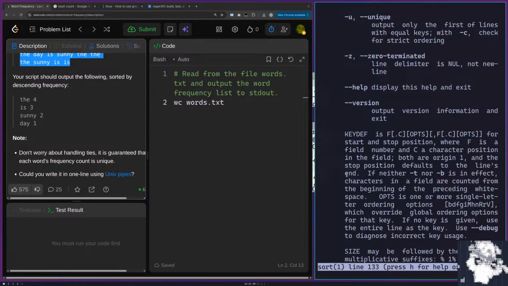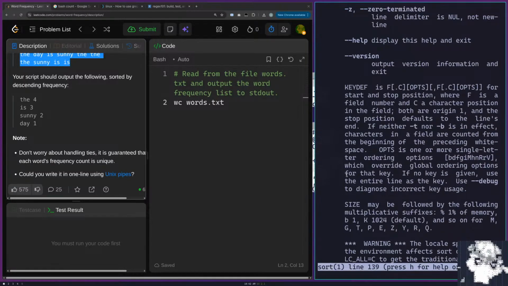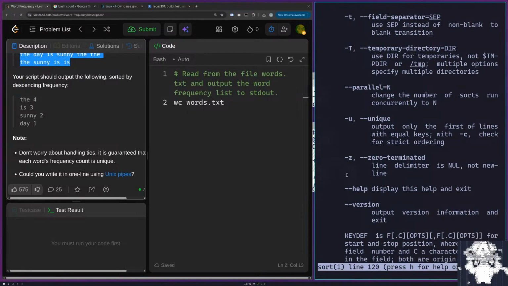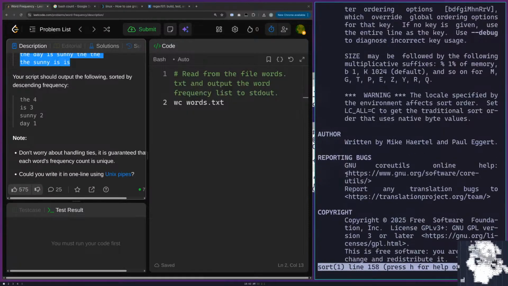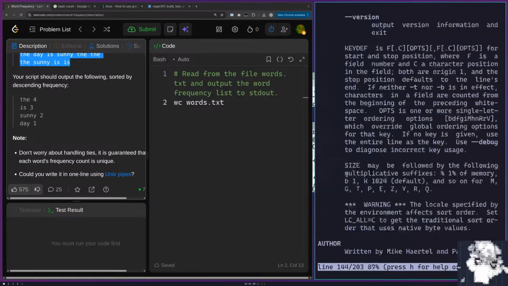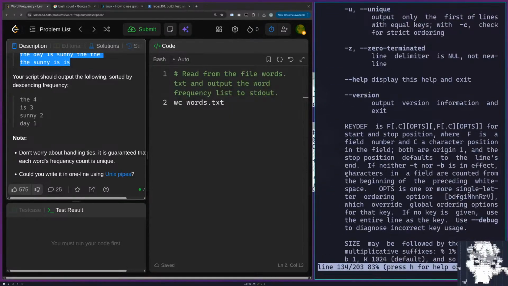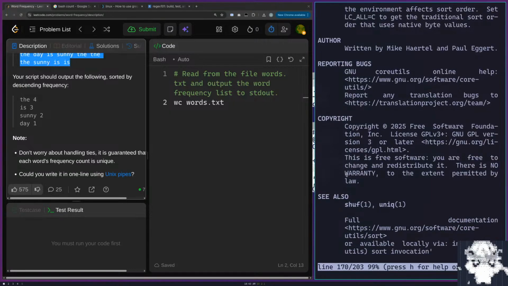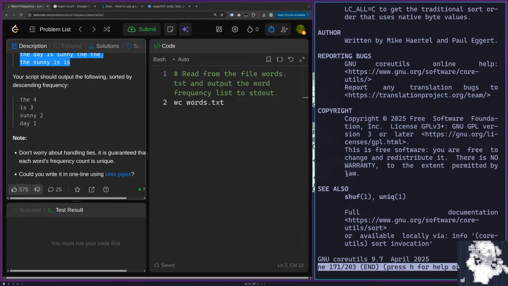Okay. So there's no way with unique to just give me the counts. We also shuff and unique.